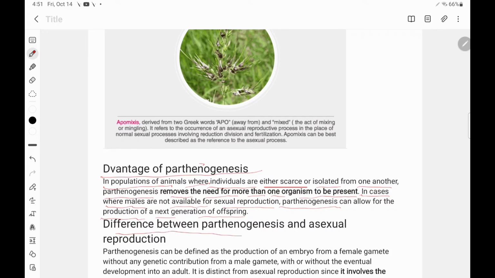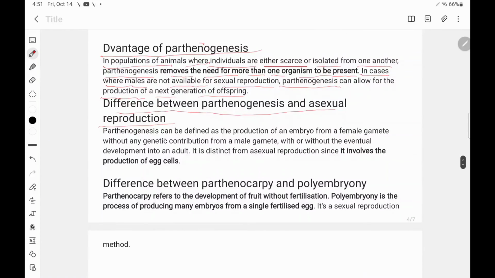Difference between parthenogenesis and asexual reproduction. Parthenogenesis can be defined as production of an embryo from a female gamete without genetic contribution from the male gamete, without the eventual development into an adult.